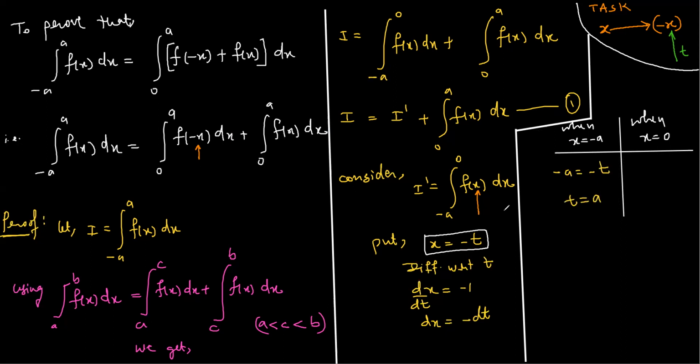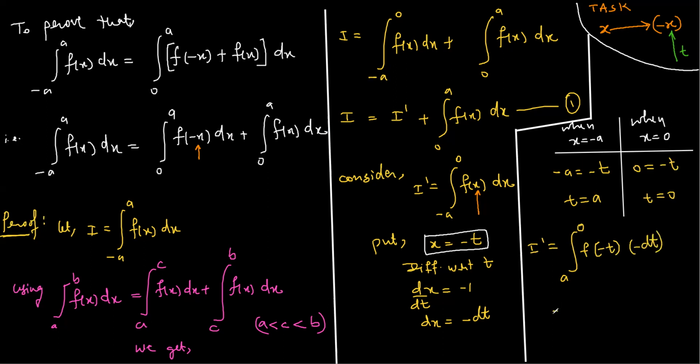And when x is 0, I first went for negative a, now I go for 0. So when x is 0, I get 0 equals to minus t, so t is 0. So the limits for t will be a to 0 instead of minus a to 0. So I have I dash equals to a to 0 f of minus t, x is minus t, so f of negative t, negative dt.